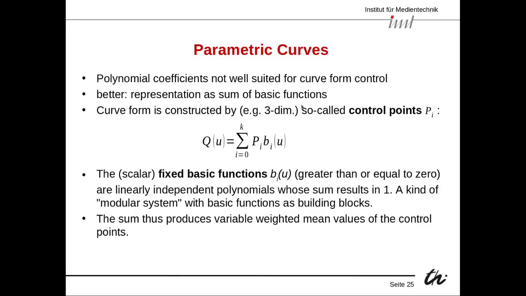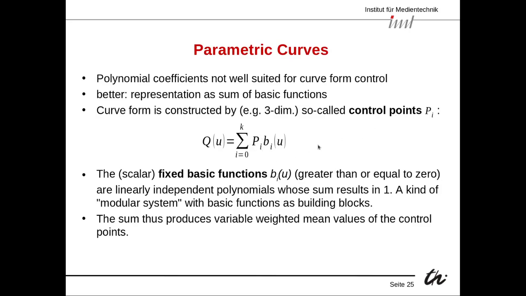So that means our curve is constructed by a weighted sum, and the weighted sum has control points in it. Right, so here the b's are our basis functions, and p is actually a vector, which contains the control points.